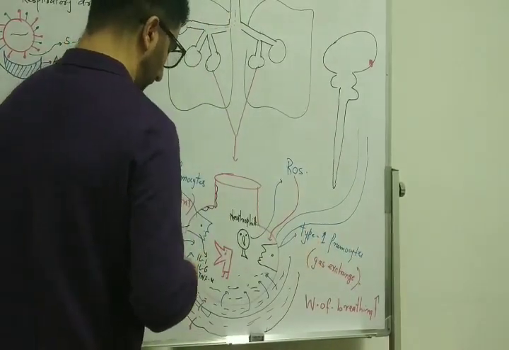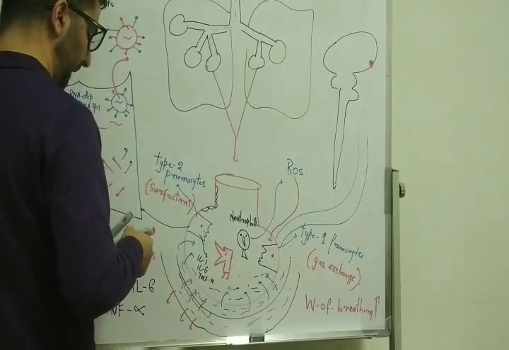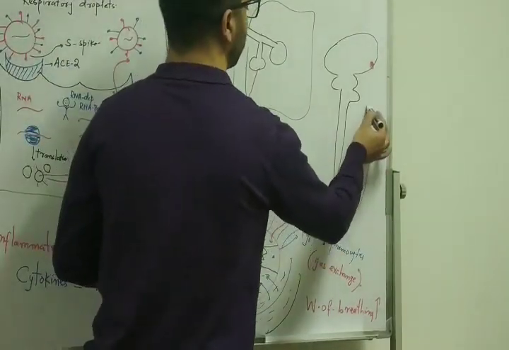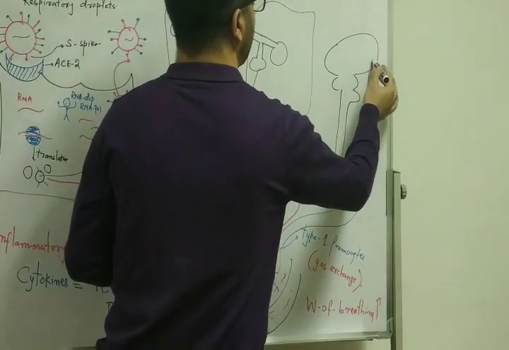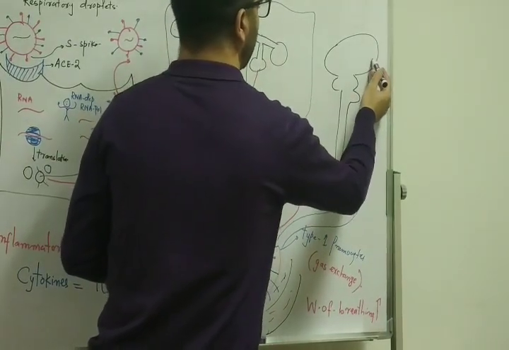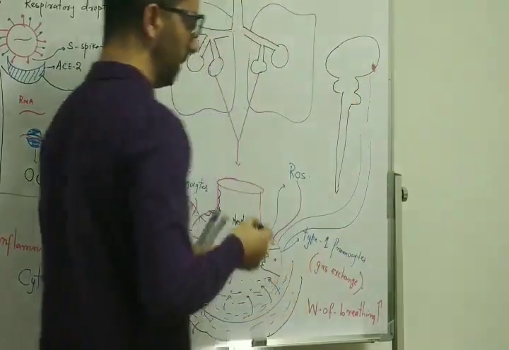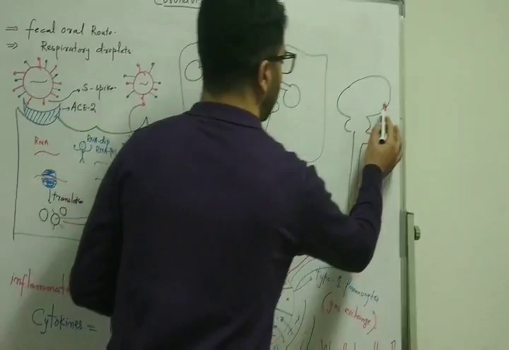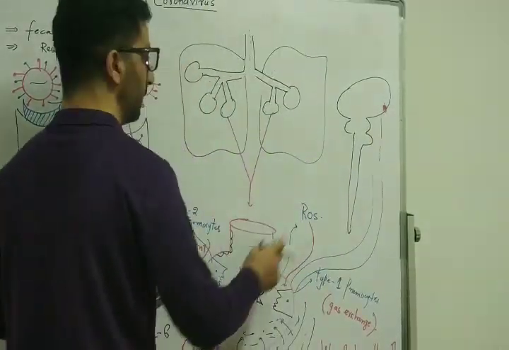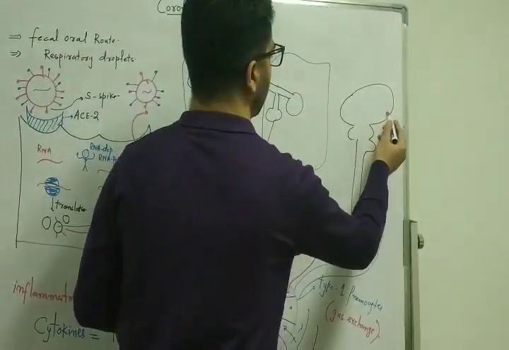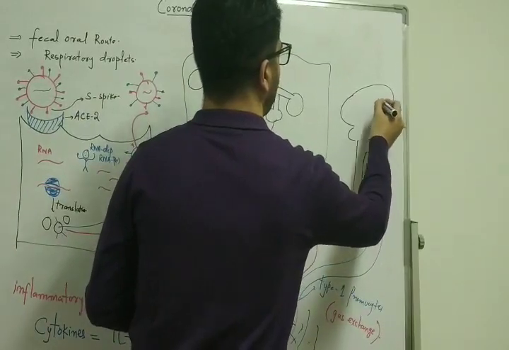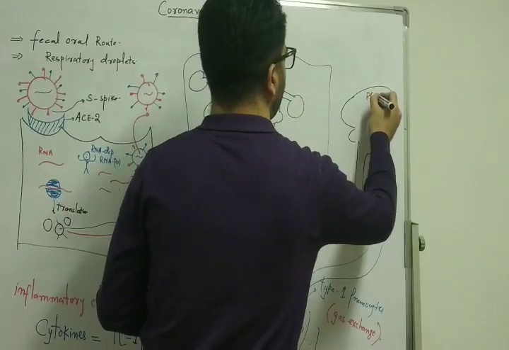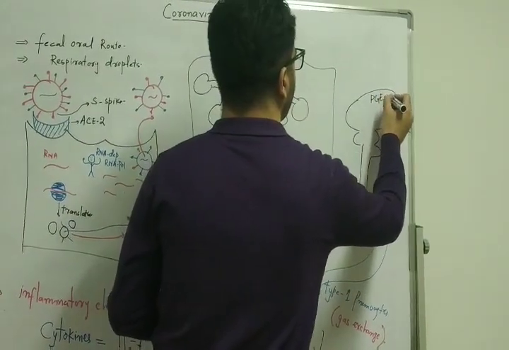For example, these interleukin-1 and interleukin-6 go to the hypothalamus and vary its thermostat. When it varies, there is secretion of some prostaglandins. What are the prostaglandins? PGE2 is released. When interleukin-1 and interleukin-6 disturb the hypothalamus, there is a secretion of prostaglandin E2.